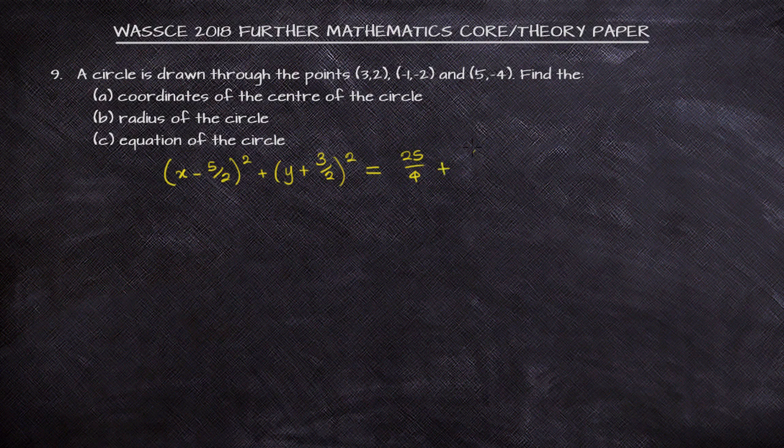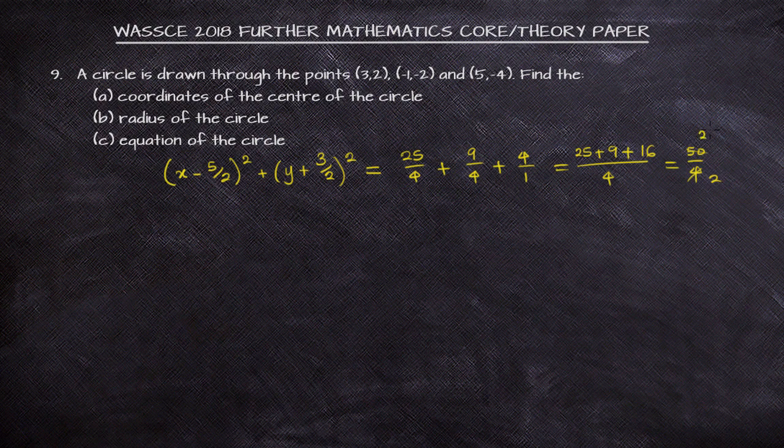25 over 4 plus 9 over 4 plus, now 4 can be taken as 4 over 1. And so we find the LCM for 4, 4 and 1; 4 times 4 is 16. So that will be 25, 9 and 16, that will be 50 over 4.